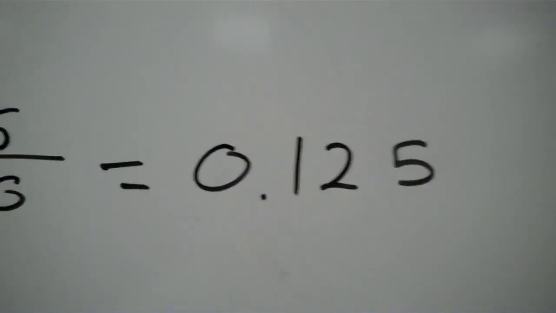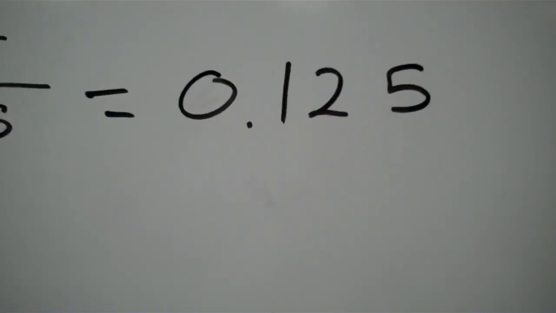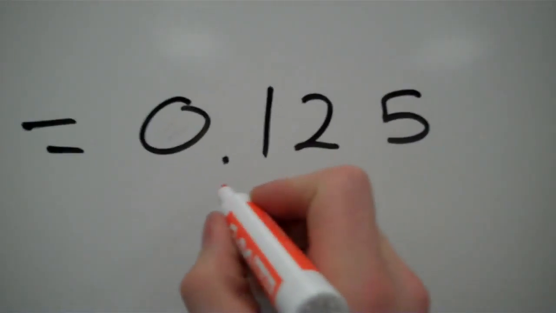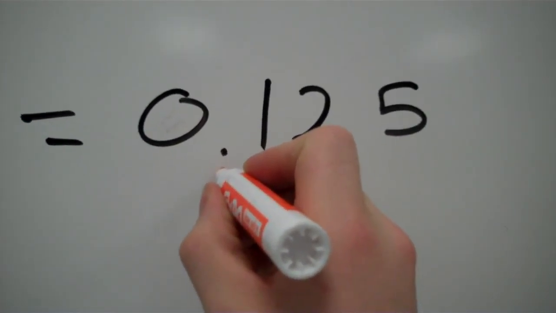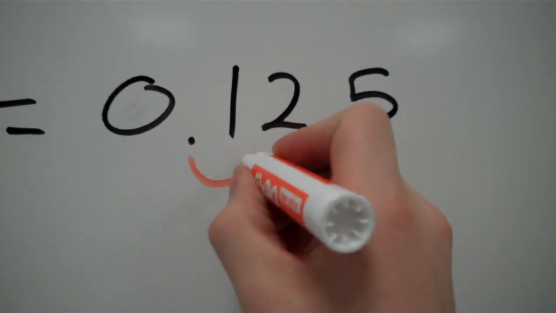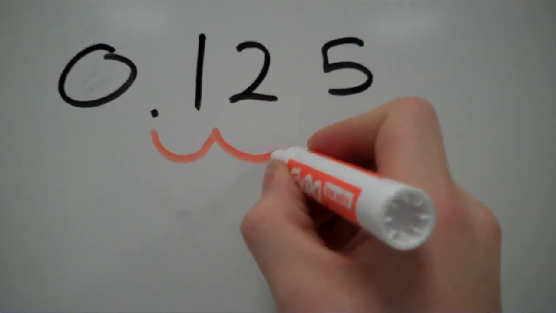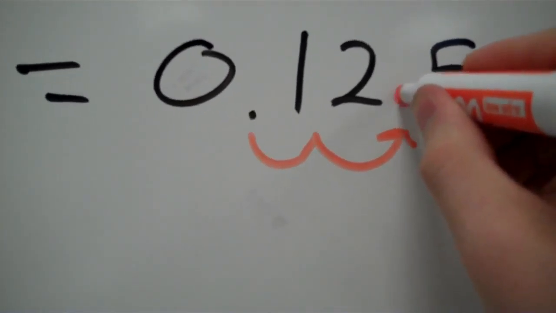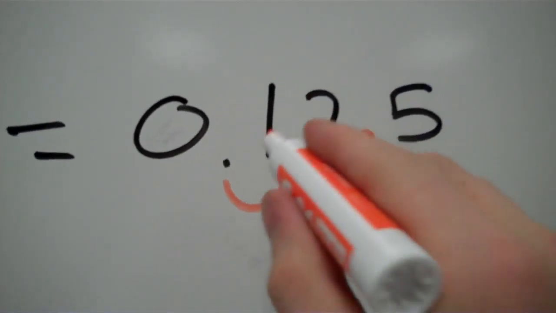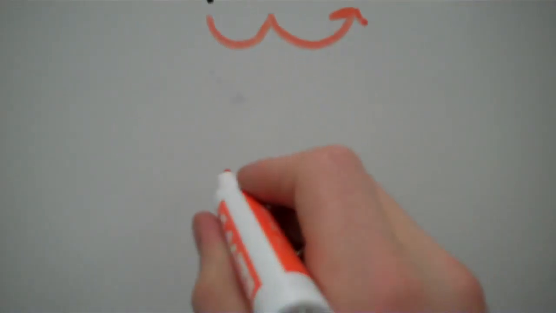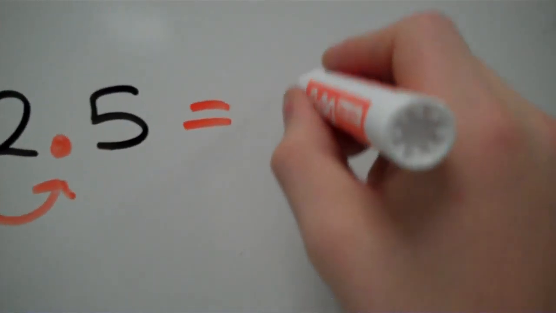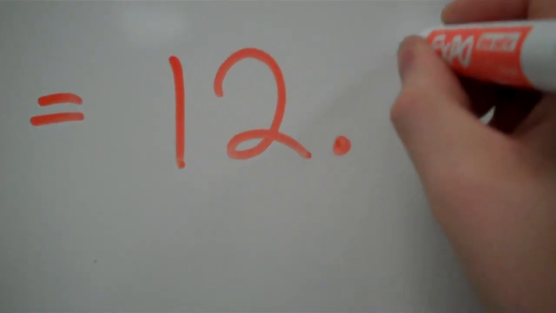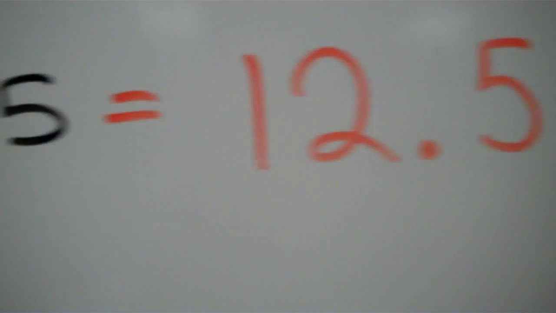So we changed it into a decimal, and now we can go from a decimal to a percent. Changing a decimal into a percent, we can either multiply by 100, or we can simply realize that multiplying by 100 is the same thing as moving my decimal 2 spaces. My new decimal is going to go right here. So my answer should be 12.5.